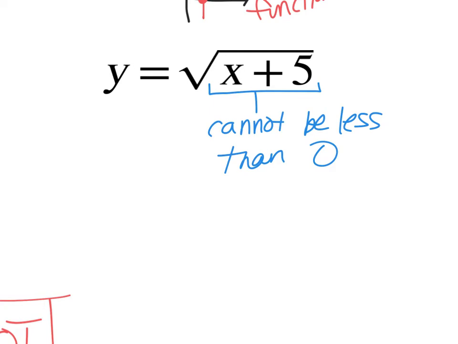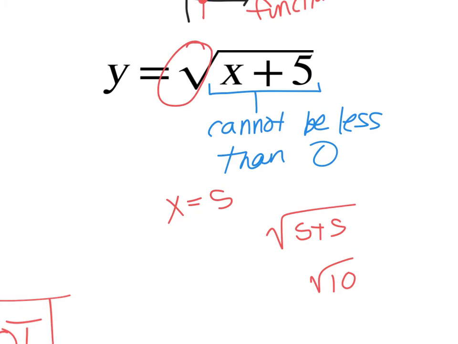Like if I do x equals 5, I get the square root of 5 plus 5, which is the square root of 10. Now, keep in mind, I do not have a plus or minus here. I did not have to take the square root. So even though there's a square root given, this equation is telling me that's what y is. Y is only the positive square root. There's no negative here.